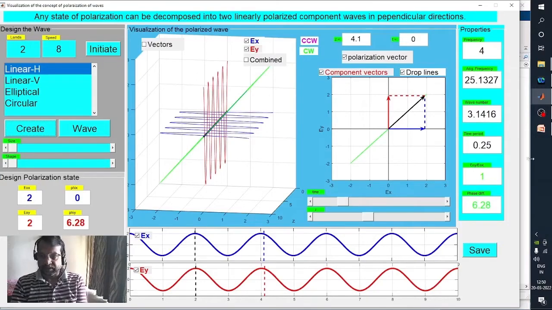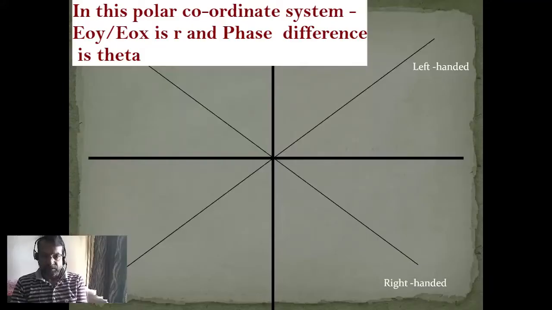So let's summarize. In this video I have presented the decomposition of a general state of polarization into two plane waves oscillating in two perpendicular directions, and the ratio of the amplitudes and the relative phase determines the combined state of polarization.